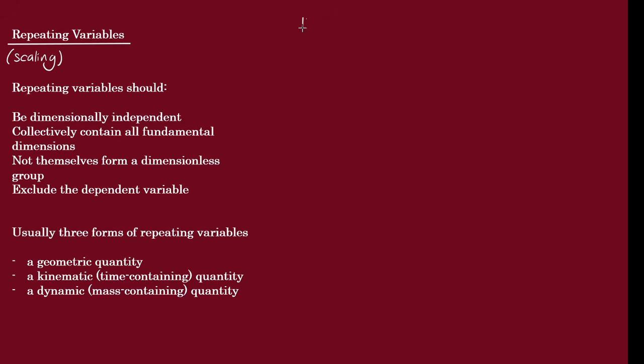So let's create another hypothetical example. Okay? So f of q is a function of, let's say, length, density, viscosity, velocity, let's say area, and surface tension. Okay, so this is an imaginary problem.